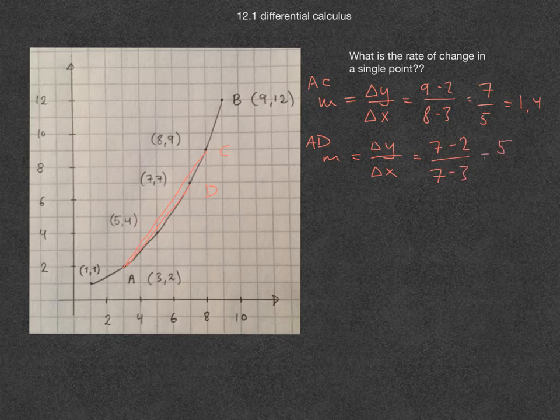That's going to be 5 divided by 4, which is 1.25.